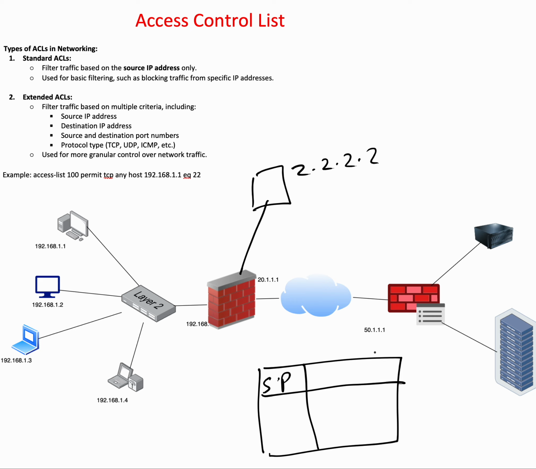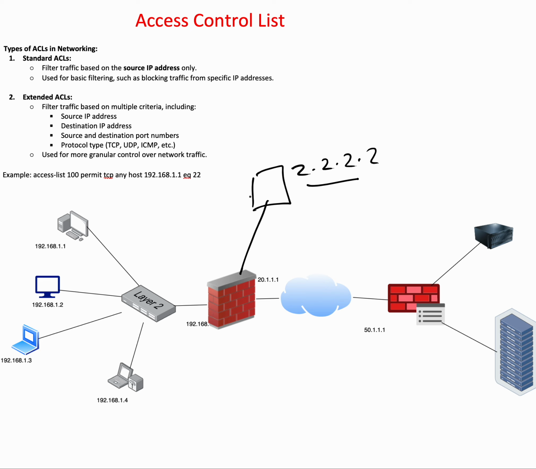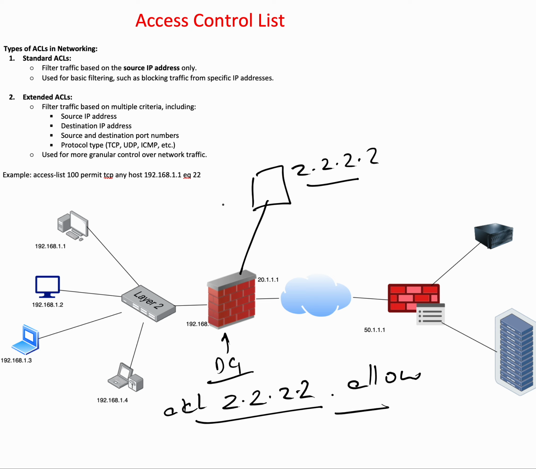Rather than marking the table, let me just explain it simply. In this ACL, this is my gateway, right? What I've marked is traffic from 2.2.2.2 allow, right? So only traffic coming from here inside is allowed.